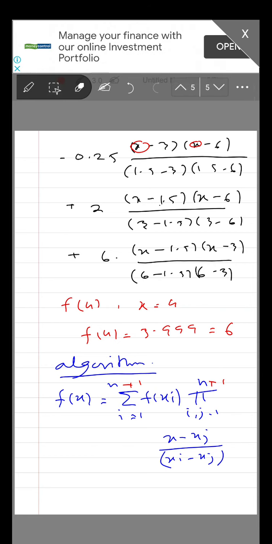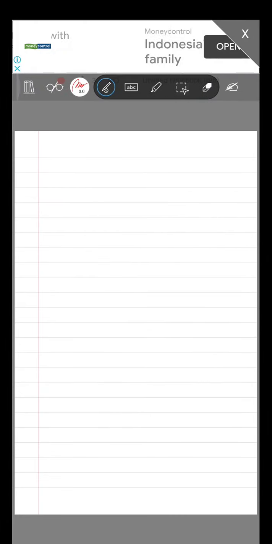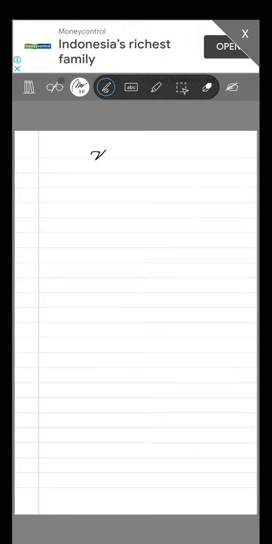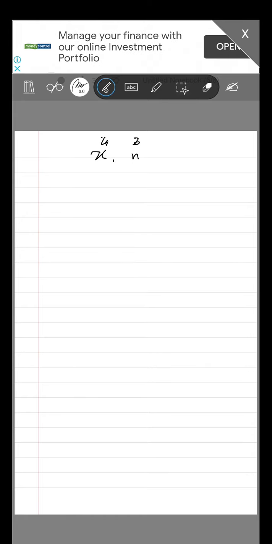So the first step of the algorithm is to find the value of x and then find the value of n. Like in the previous case, n will be 3 and x will be 4, because that's the value we need to find out.